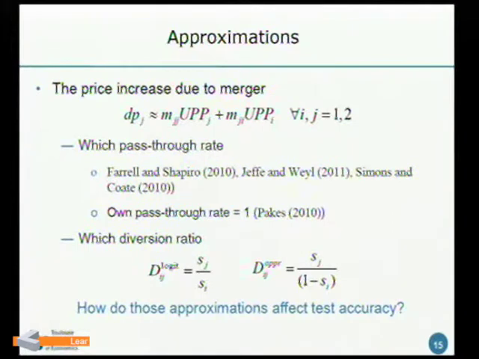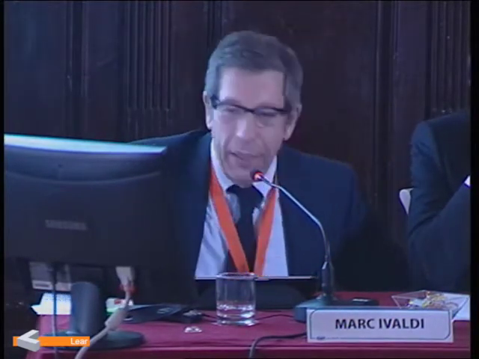And there are discussions about what is the right pass-through, and Paquet has proposed that we use one. On the diversion ratio, I totally agree with Thibault. There are different ways to estimate it.